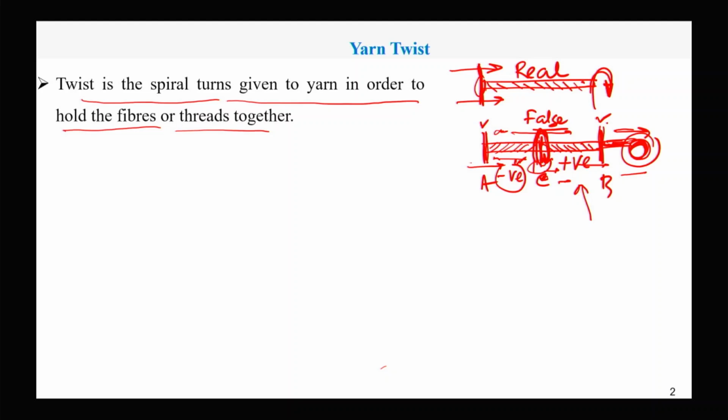And in case of real twist, when it is winding and at the same time we are twisting, there will be a real twist imparted on it. An example is ring spun yarn, and in the roving frame, twisted by the flyer.